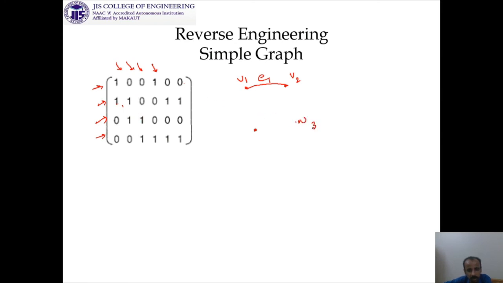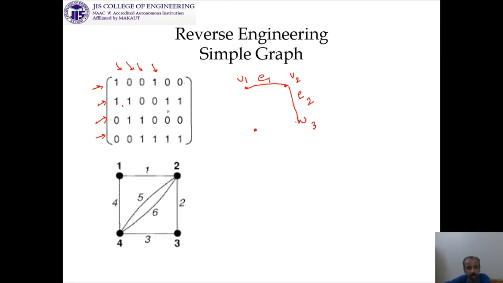So you can give the name V3, you can connect them, and you can give the name E2. In this manner, one by one edges you can go on, and you will connect the vertices by an edge according to the entries at one. So you will get this graph generated from the incidence matrix or the given matrix.